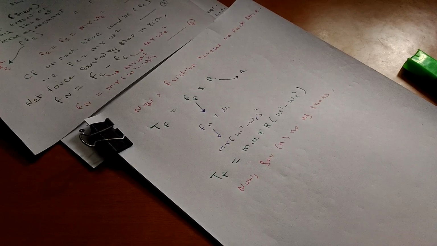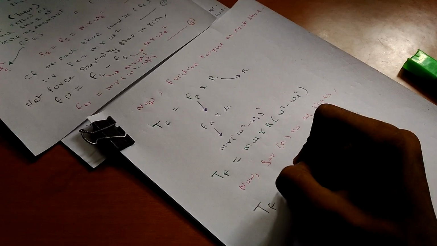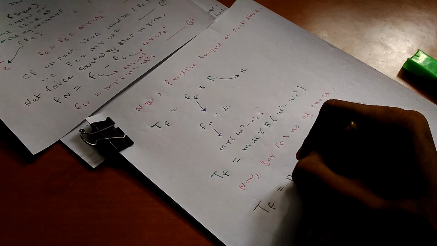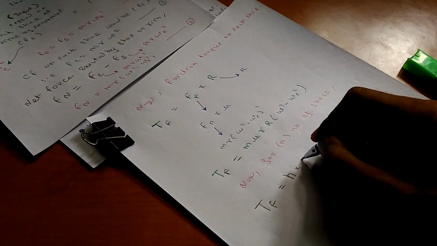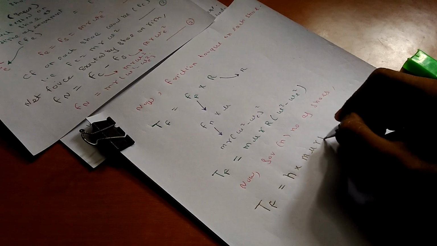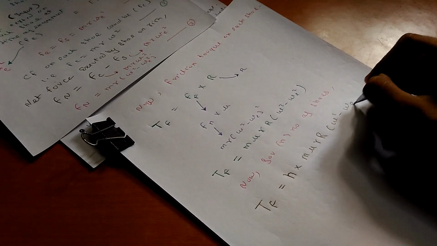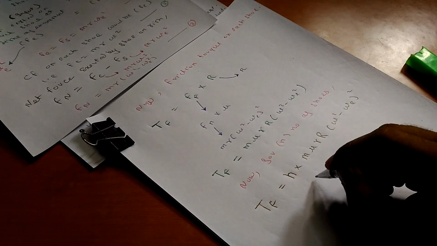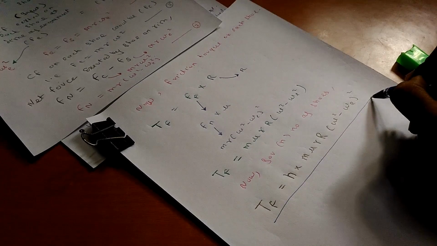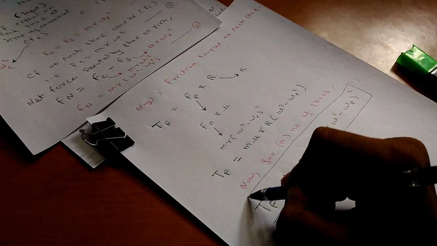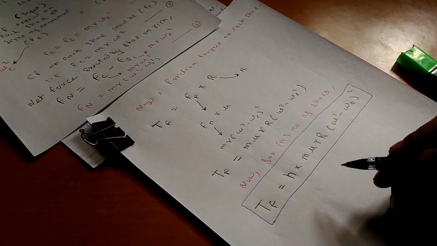That is Tf equals n into the whole equation, m mu r R omega square minus omega e square. So this is the answer and the derived equation for the frictional torque for n number of shoes.